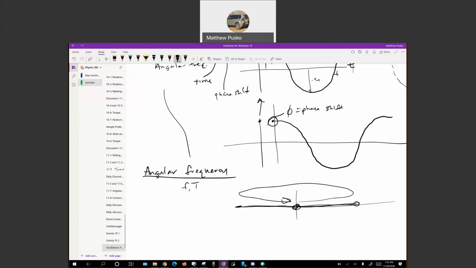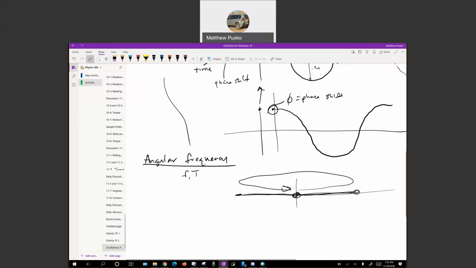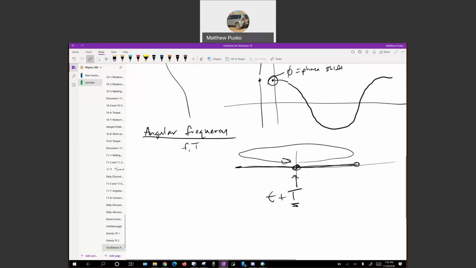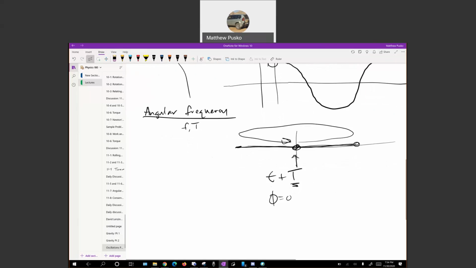For that to happen, it has to return to the same position at some t plus T, so at some later time. We can go ahead and, in this case, say phi is equal to 0, and returning to the same position, that's the most important part. This particle returns to the same position.